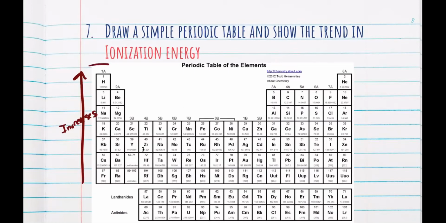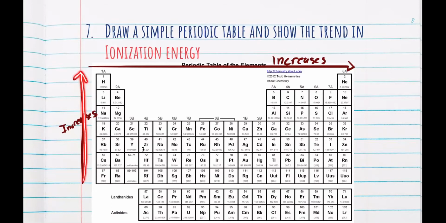And as we move across a period, our ionization energy increases as well. Why do we see this trend? Well, as our atoms get smaller, the electrons are closer, they're held tighter. So it makes it really difficult for an atom to lose an electron to another atom.